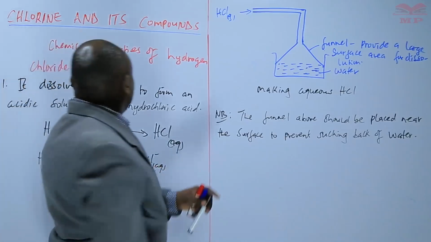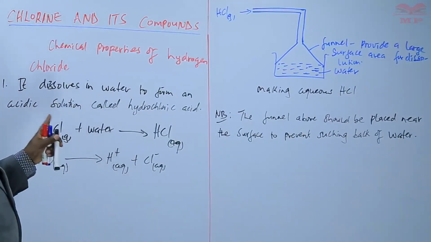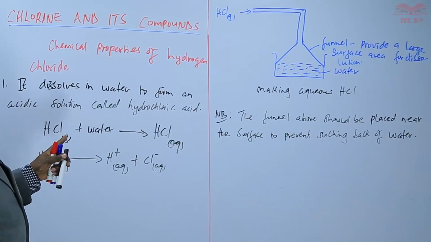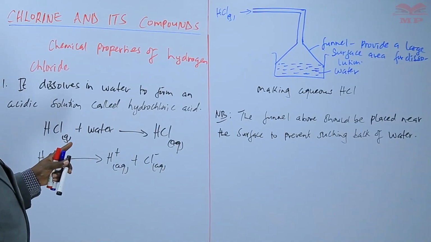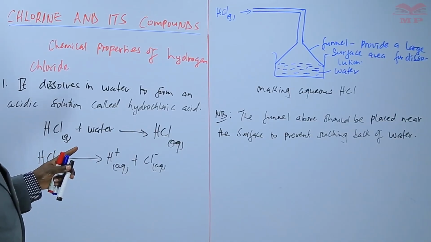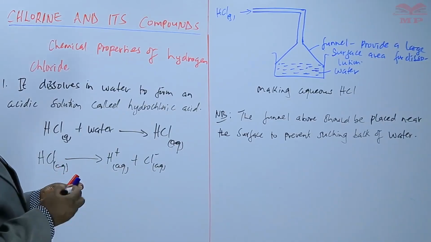So basically that is how the hydrogen chloride dissolves in water to form an acidic solution called hydrochloric acid.